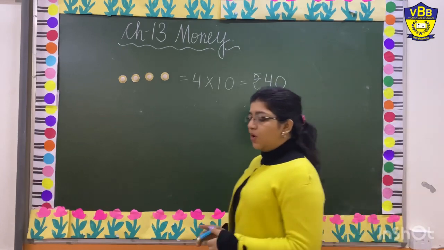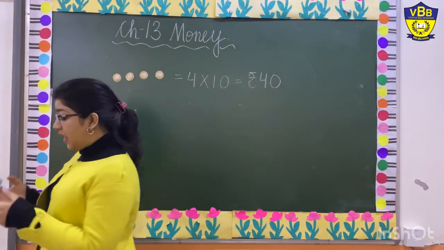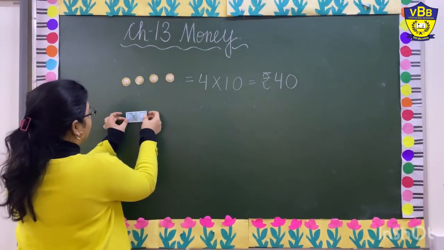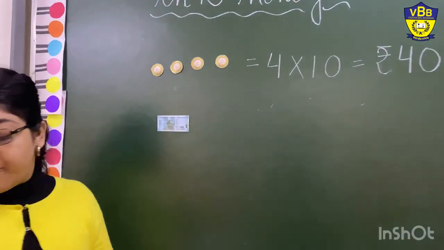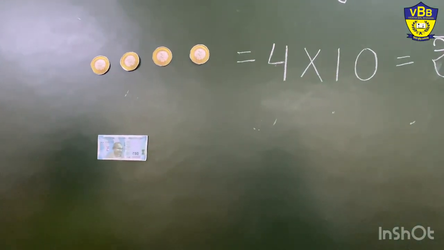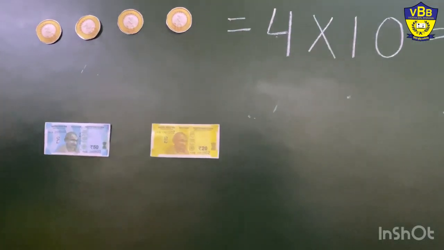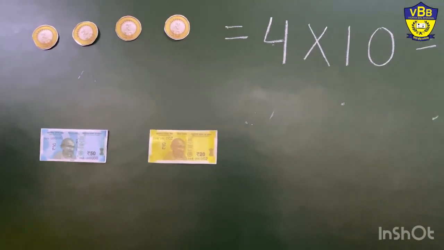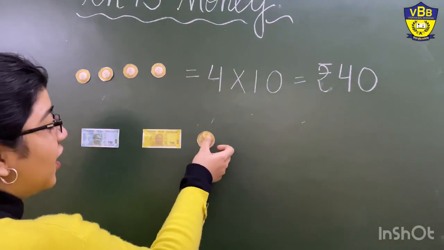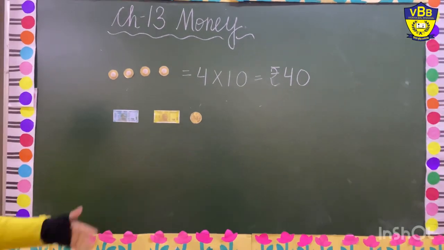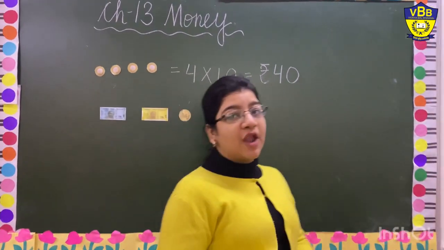Look at the next example. Next is the note of rupees 50 and rupees 20 note with rupees 5 coin. Now what we have to do?